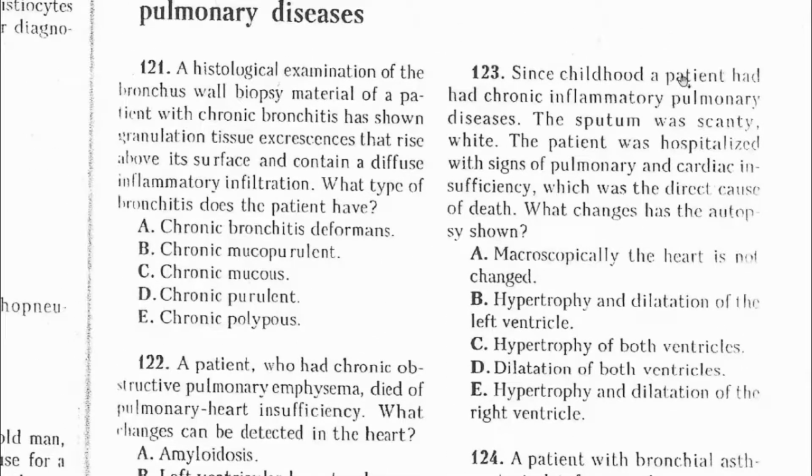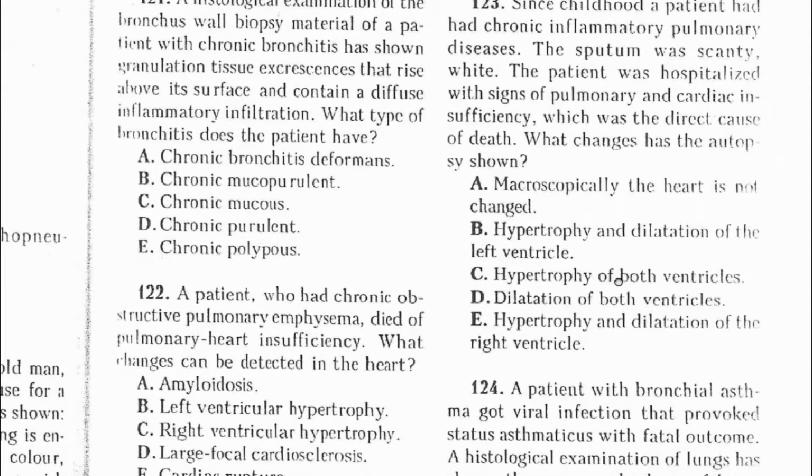Since childhood, a patient had had chronic inflammatory pulmonary diseases. The sputum was scanty white. The patient was hospitalized with signs of pulmonary and cardiac insufficiency, which was the direct cause of death. What changes has the autopsy shown? Don't forget, the reason for the death was cardiac insufficiency.